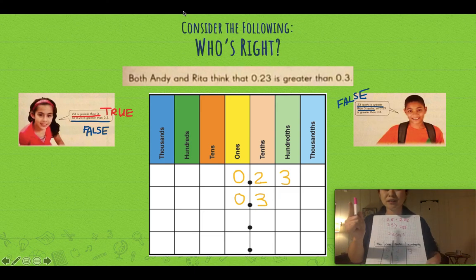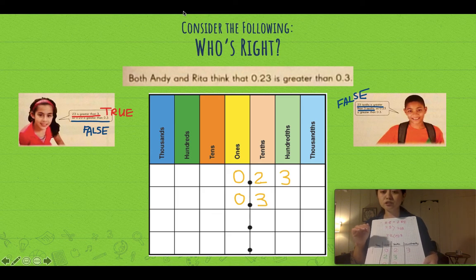But the way that he tried to understand it from looking at the place value chart, he said 0.23 incorrectly, okay? 0.23 should be verbally said as 23 hundredths, okay.